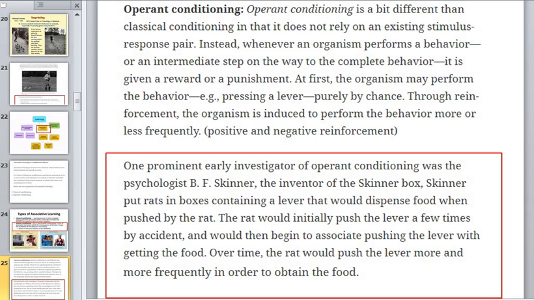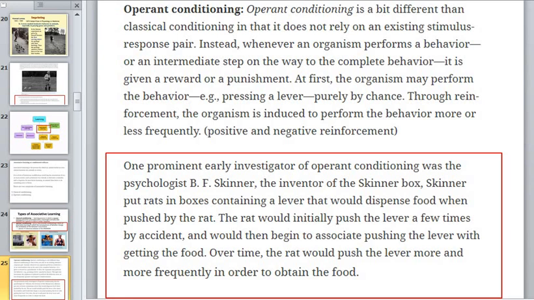At first, the organism may perform the behavior, pressing a lever, purely by chance. One prominent early investigator of operant conditioning was the psychologist Skinner, you know this name, inventor of the Skinner box.